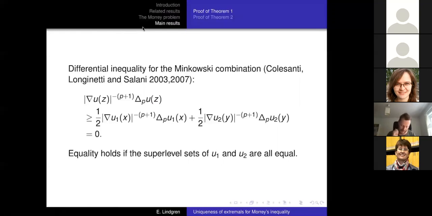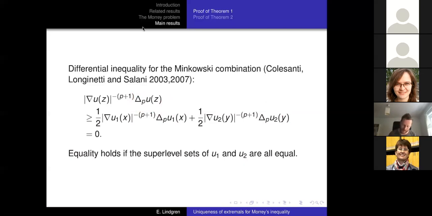So they prove that, if you ignore the power of the gradient here, you can estimate the p-Laplacian of this new function in terms of the sum of the p-Laplacian of U1 and the p-Laplacian of U2. In particular, if these are solutions, which they are in our case, outside the points x1 and x2, then this is 0, this is 0. So this gives you that, in fact, this is a sub-solution to the equation.